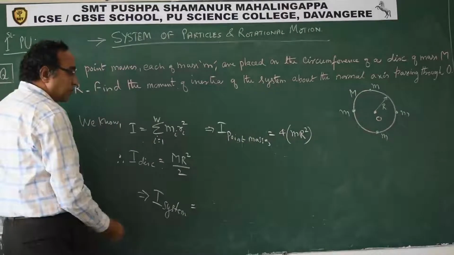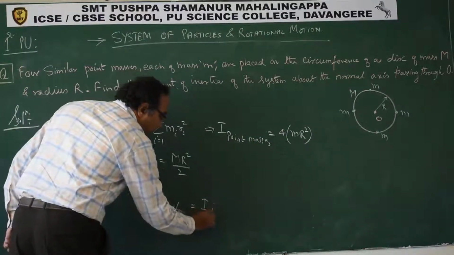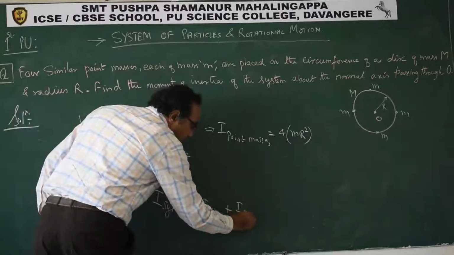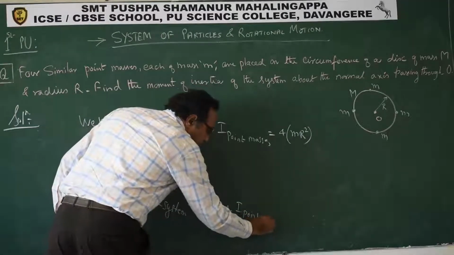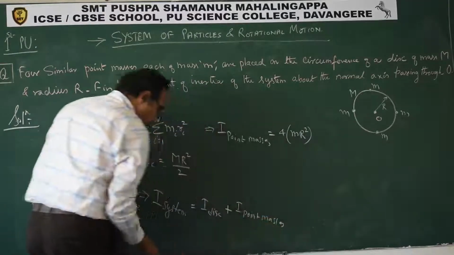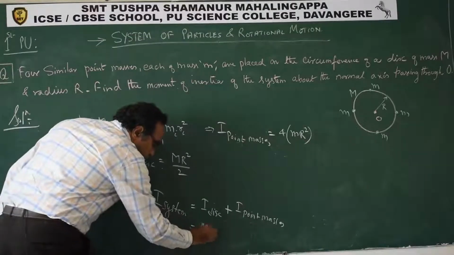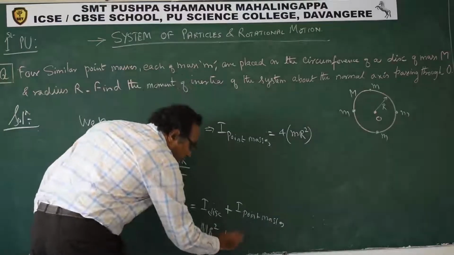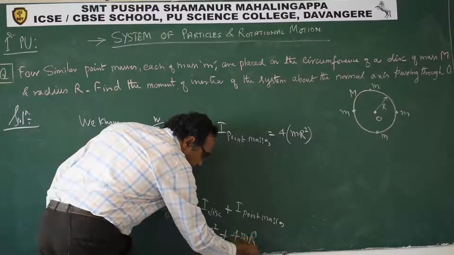is I of the disk plus I of point masses. So that is m r square by 2 plus 4 times m r square.